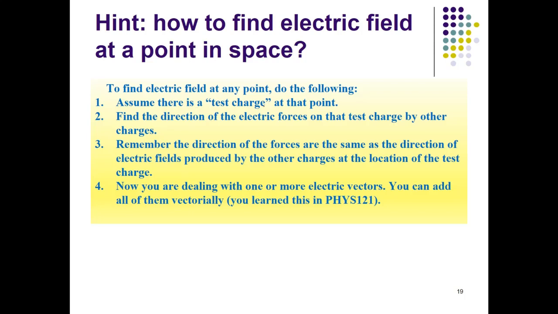Of course, the question might not have any test charge, we just assume there is one at that point. After that, we find the direction of the electric forces. If there is a test charge at that point, there will be forces acting on it if there are charges around it. And of course, the direction of the electric force will be the direction of the electric field.